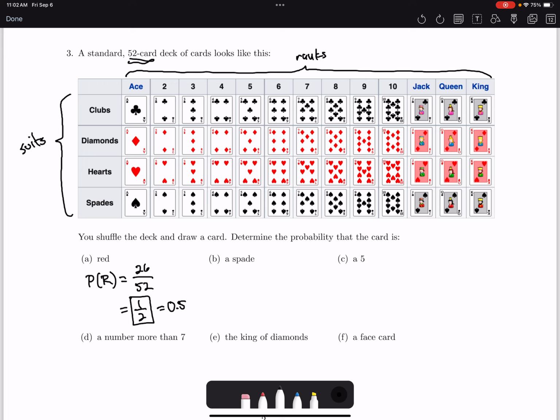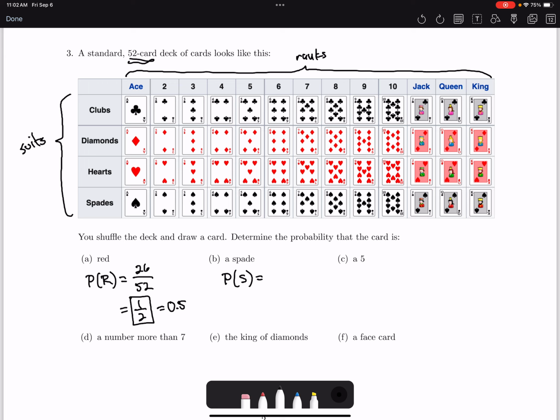Okay, what's the probability that we draw a spade? Probability of drawing a spade. Well, there are 13 spades, right? 1, 2, 3, 4, 5, 6, 7, 8, 9, 10, 11, 12, 13. So 13 spades.